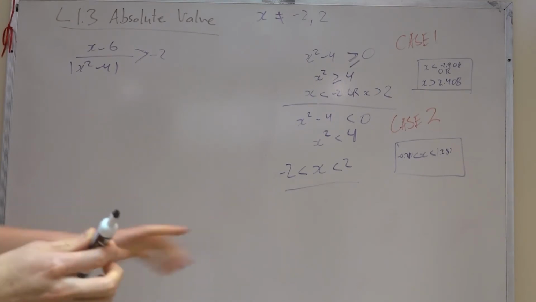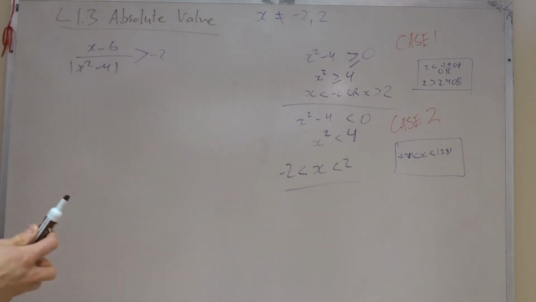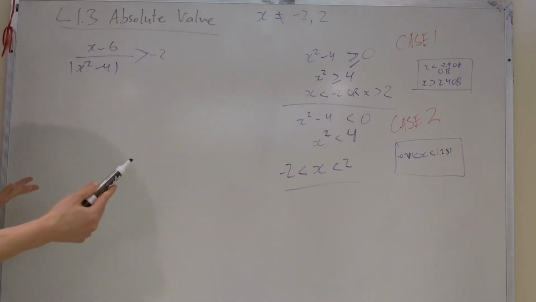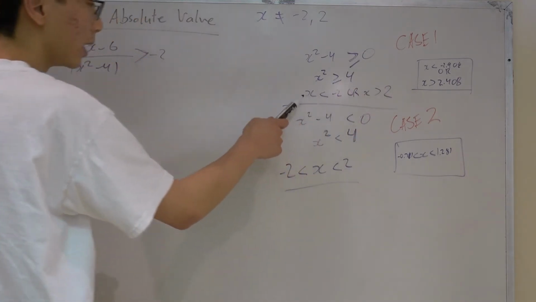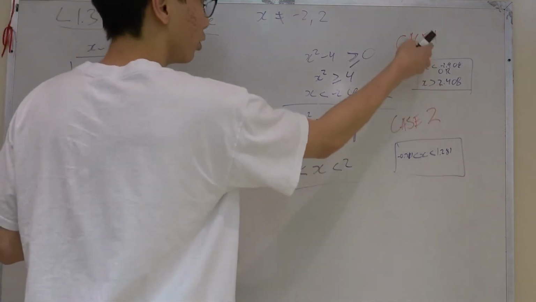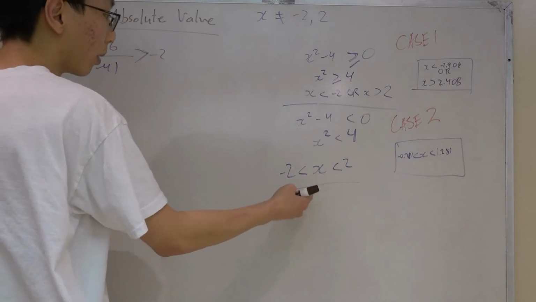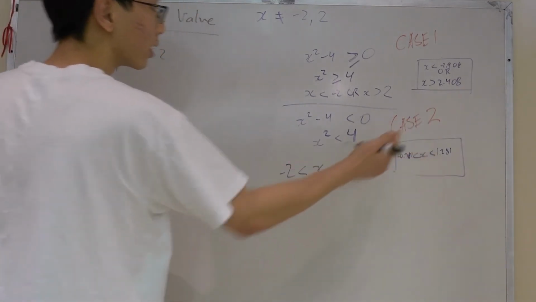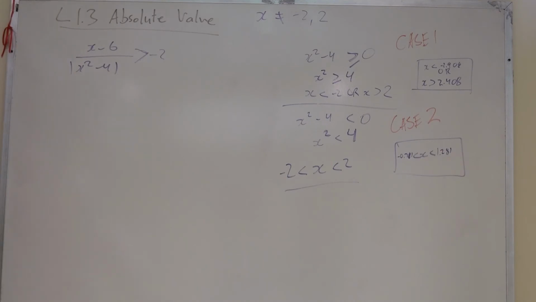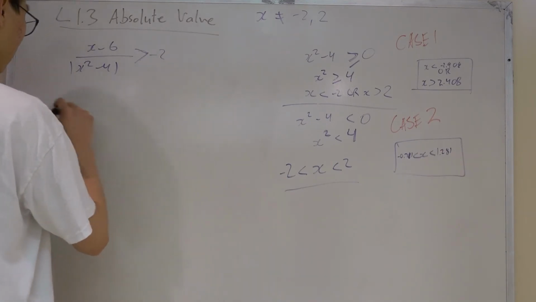We just have to very carefully analyze what these two boxes are saying, because they are both correct. When x is greater than 2 or less than negative 2, this is the solution that we should be looking at. Or when x is between negative 2 and 2, this is the set of solutions that we should be looking at. So let's just quickly graph it on a line.